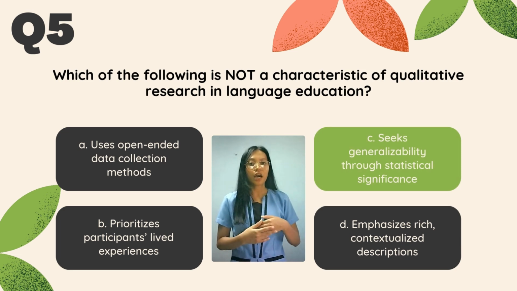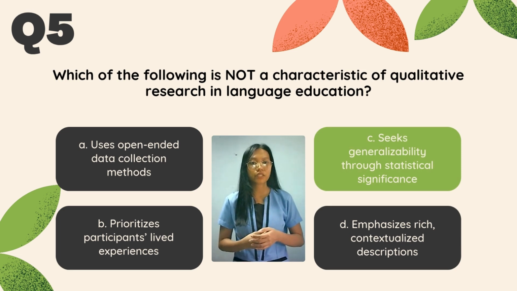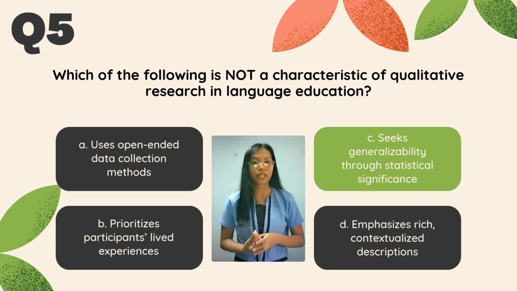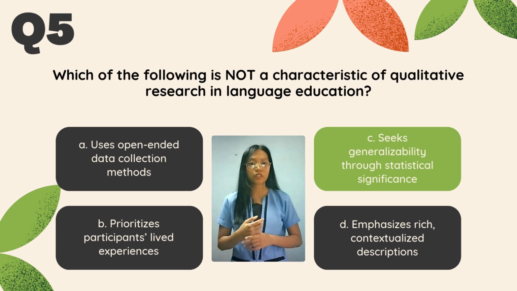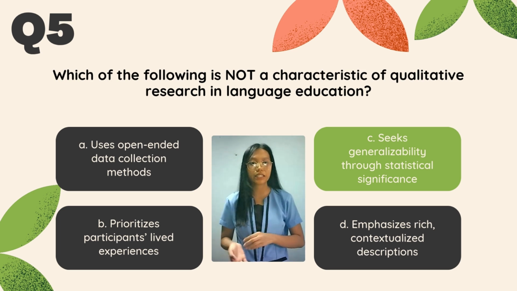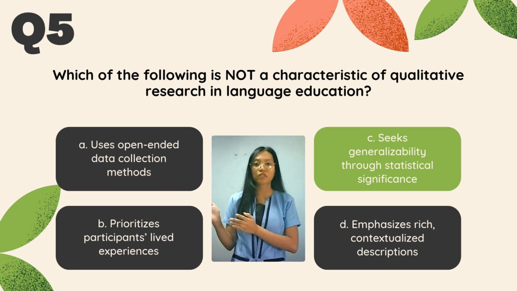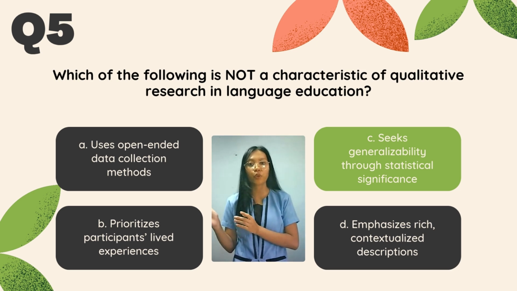This is because qualitative research focuses on understanding meaning, context, and lived experiences rather than producing statistically generalizable results. It aims to provide contextualized insights rather than numeric conclusions. Letter A is wrong because it is correct for qualitative research, such as interviews, observation, and journals.